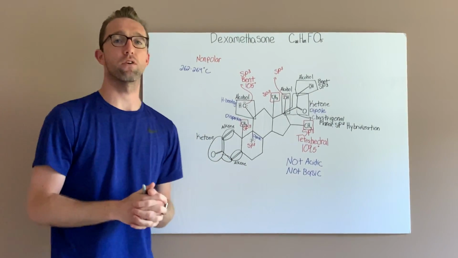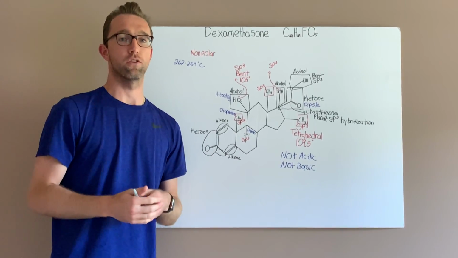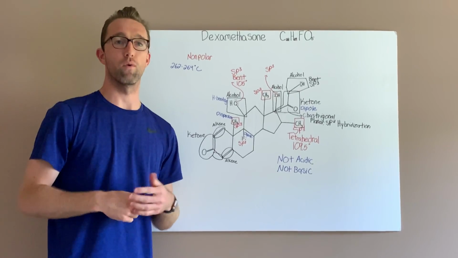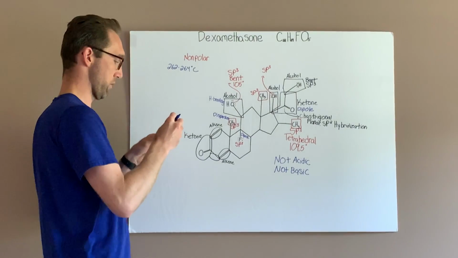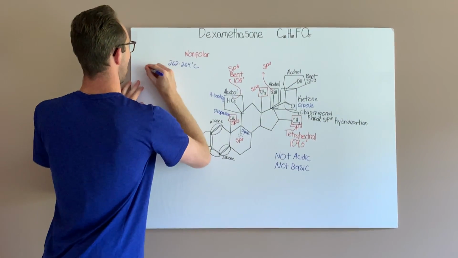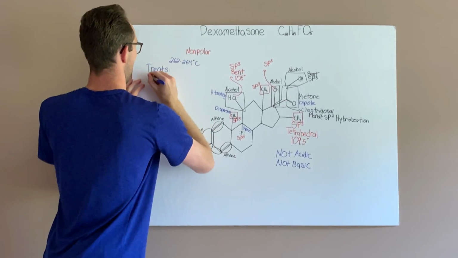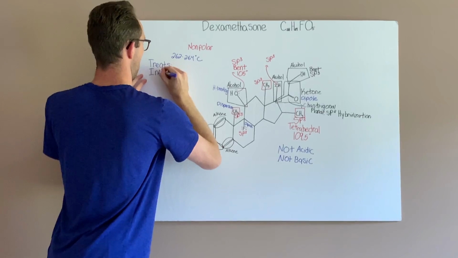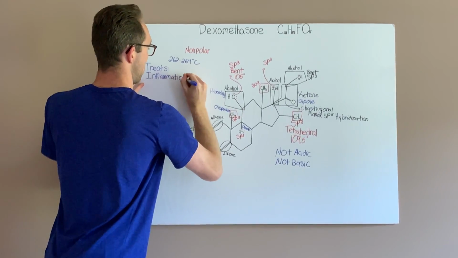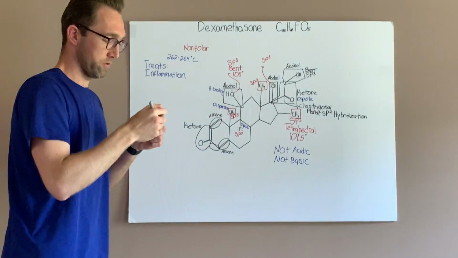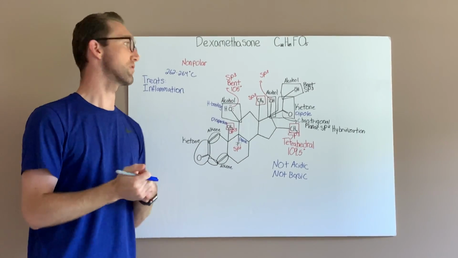Dexamethasone is a corticosteroid that is used to treat inflammation, redness, pain, and swelling. So I'm going to put it up here some common uses of dexamethasone, because there are a lot of cases of inflammation.